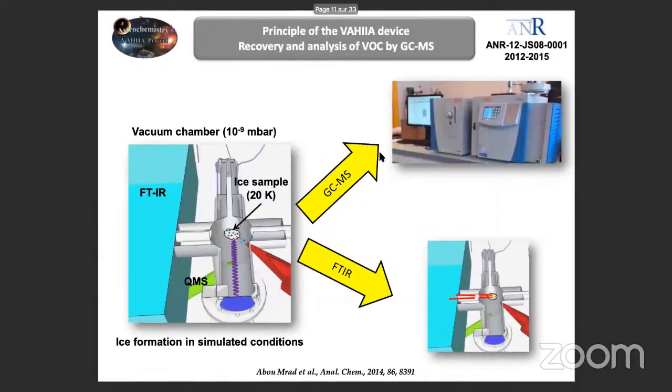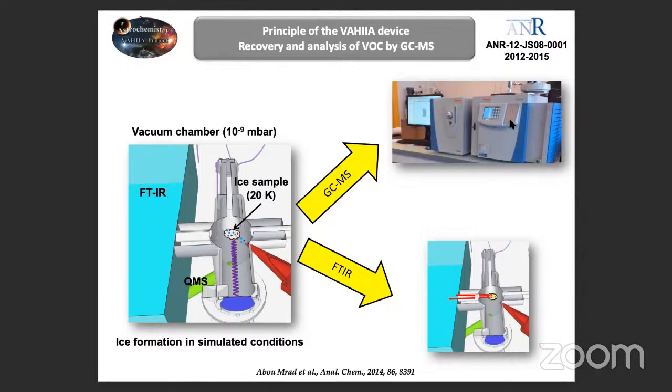Here you have another representation of the experiment. At 20 Kelvin, we condense the ice and irradiate it with UV. We can have in situ information about the ice evolution with infrared spectroscopy, and after, we warm the system and recover the volatile organic compounds to inject them in the gas chromatograph.